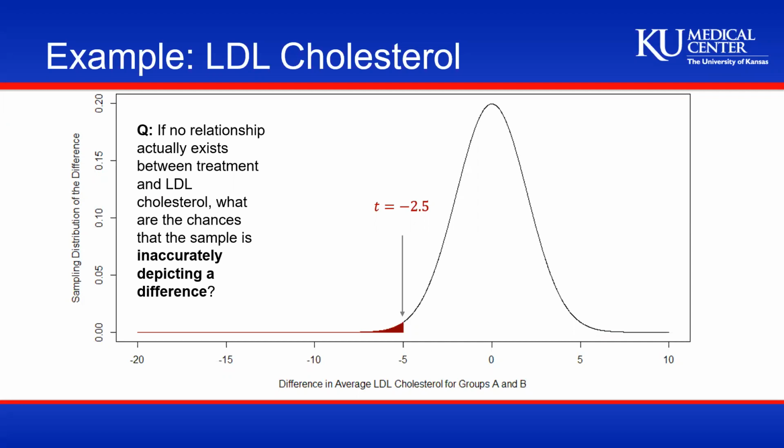Now let's ask ourselves a second question, because this is how we interpret the p-value. Again, how do we interpret p-values in the context of a designed study? If no relationship actually exists, in other words, if that is actually the reality that produced this finding, if no relationship actually exists between the type of treatment administered and LDL cholesterol levels, what are the chances that this sample inaccurately depicted a difference?